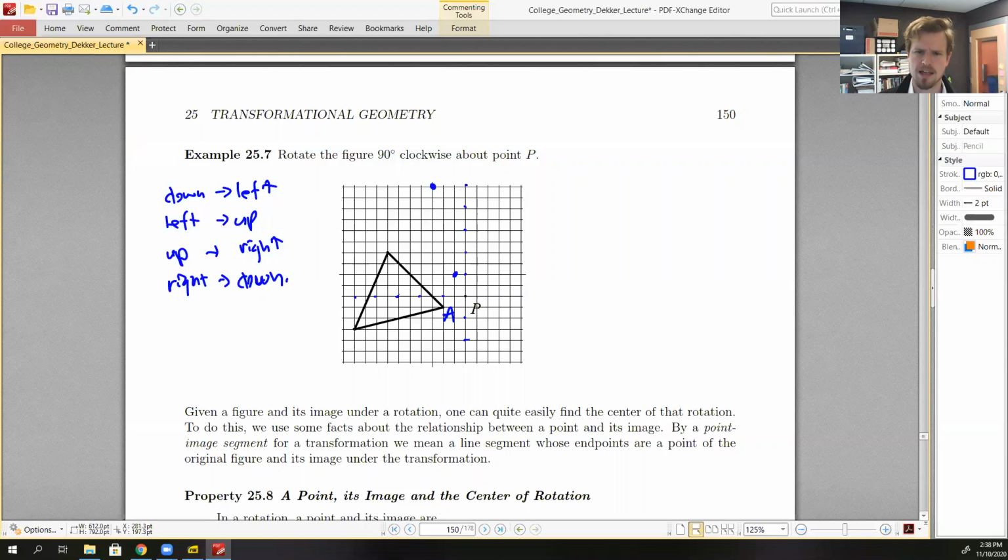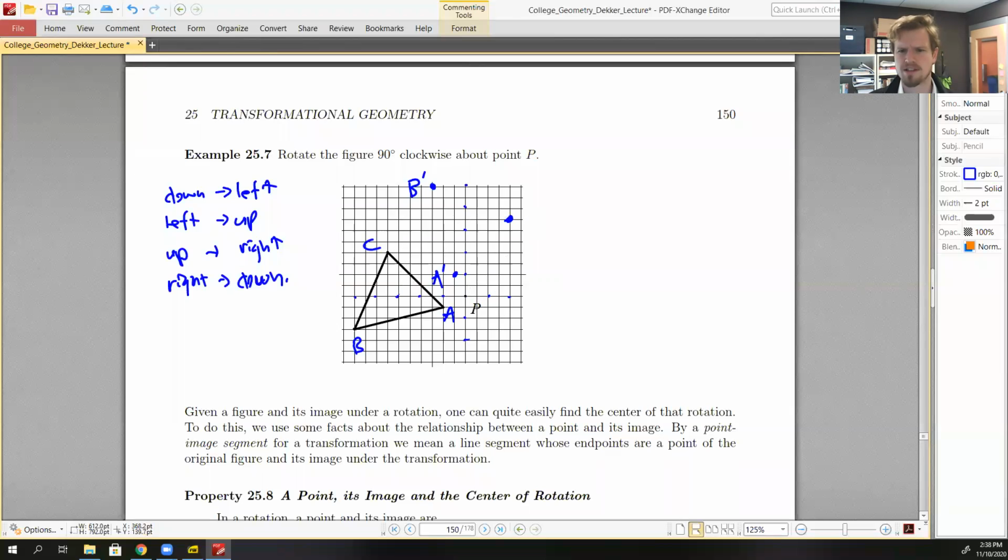So this is A and this is A prime. If this is B, this is B prime. And then this point here, which is 4 units up, meaning that it is 4 units to the right. And it is 2, 4, 6, 7 units to the left, meaning that it is going to be 2, 4, 6, 7 units up. So that gives us this point here.